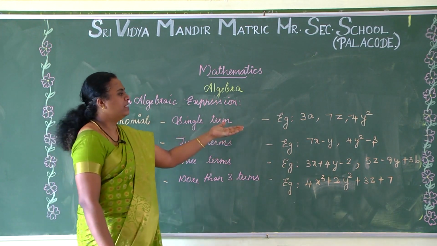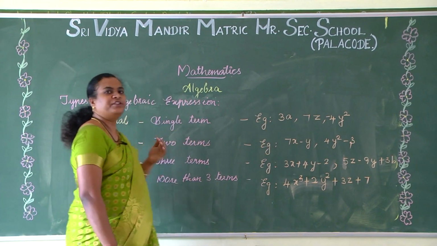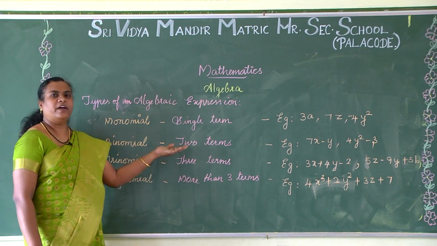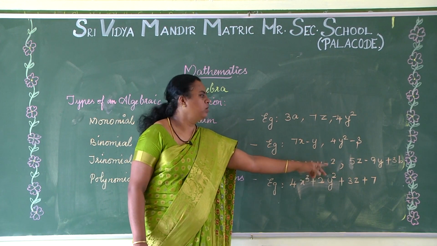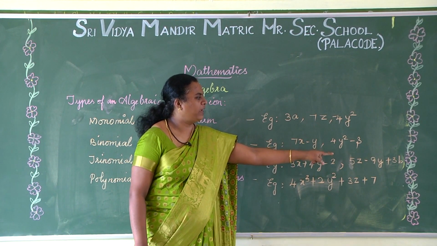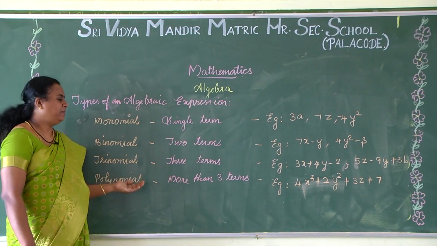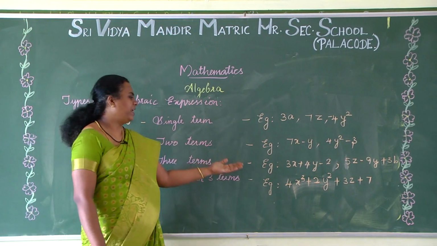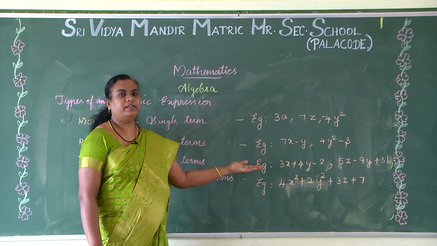For example, 7x minus y, 4y square minus 3. Trinomial means an expression having three terms. For example, 3x plus 4y minus 2, 5z minus 9y plus 3b. Polynomial means an expression having more than 3 terms. For example, 4x cube plus 2y square plus 3z plus 7.